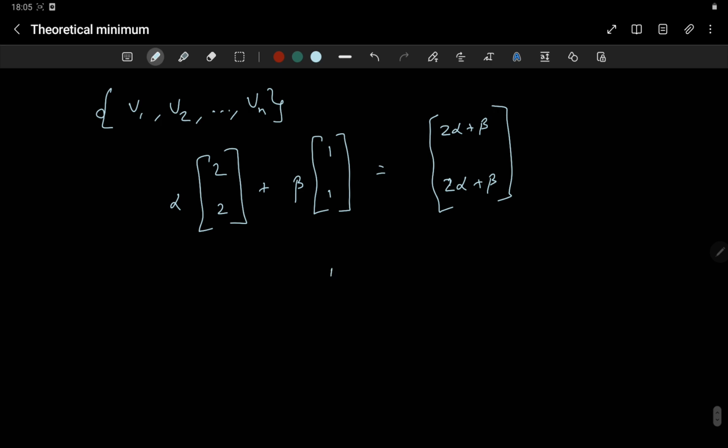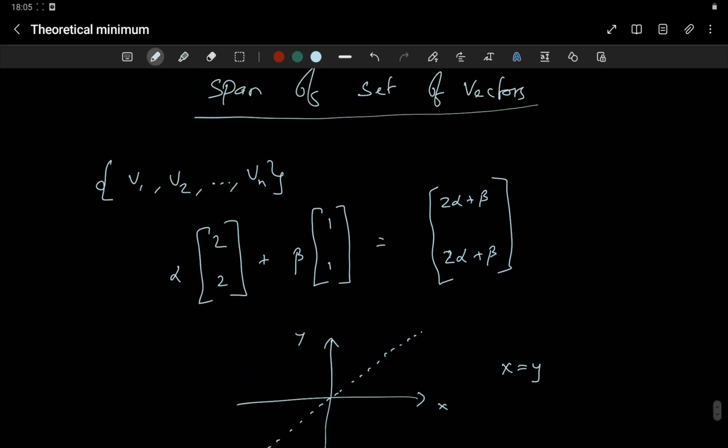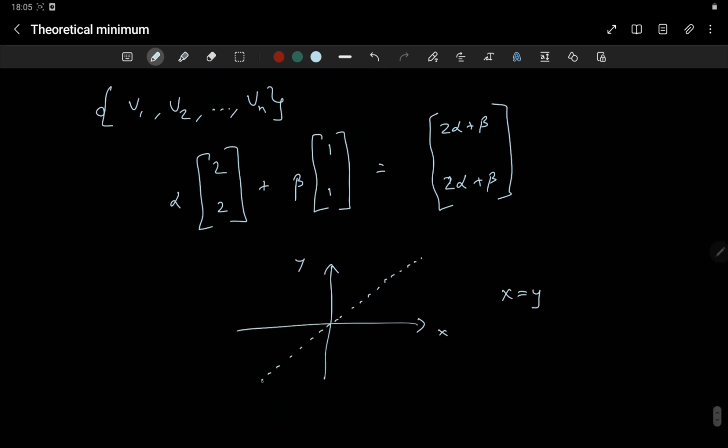So in this xy plane, I can reach the points when x is equal to y, which means along a straight line. Along this line I can reach. So all these points on this line are not the basis, but the span of these vectors.